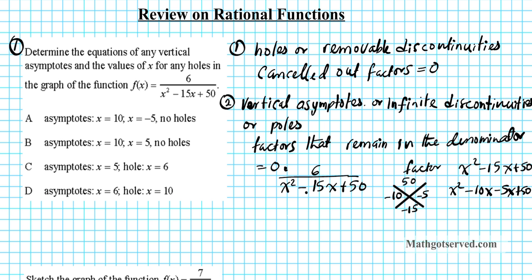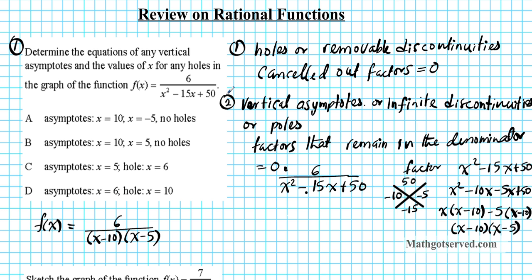And if we factor by grouping, take out x minus 10, minus 5, x minus 10. And the factored form is x minus 10 times x minus 5. All right, so our original function f of x in its factored form can be written as 6 divided by x minus 10 times x minus 5.